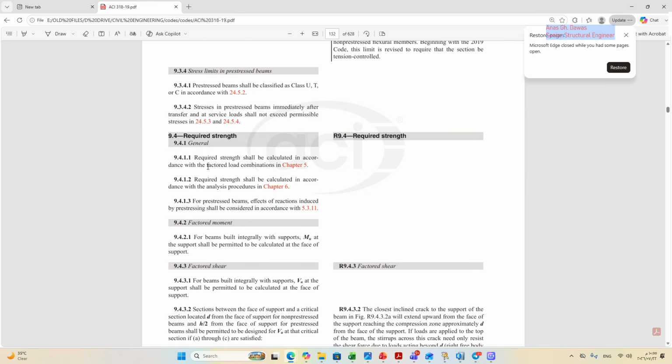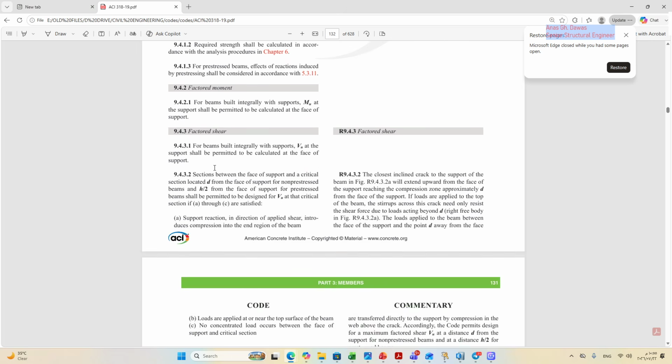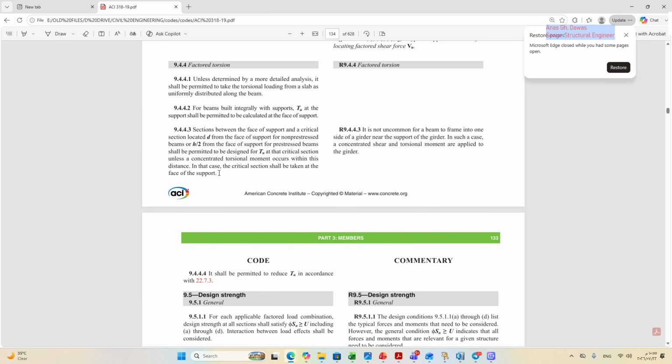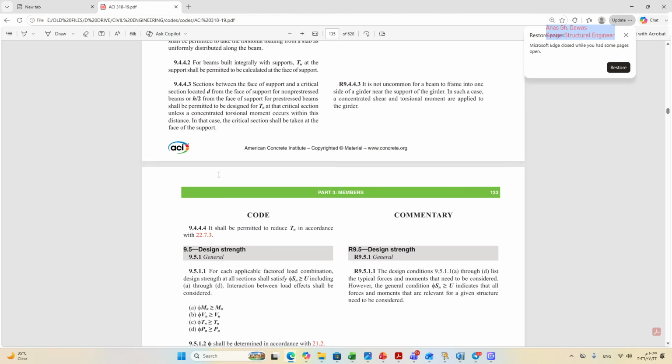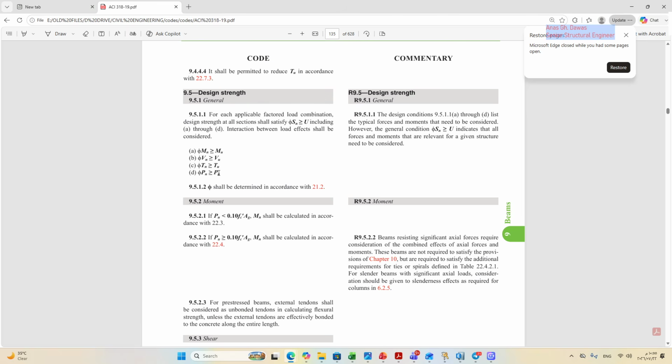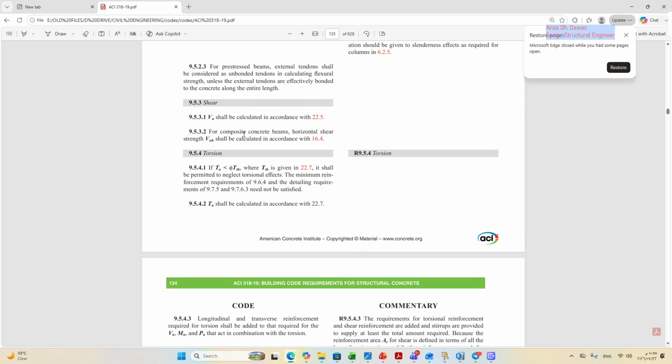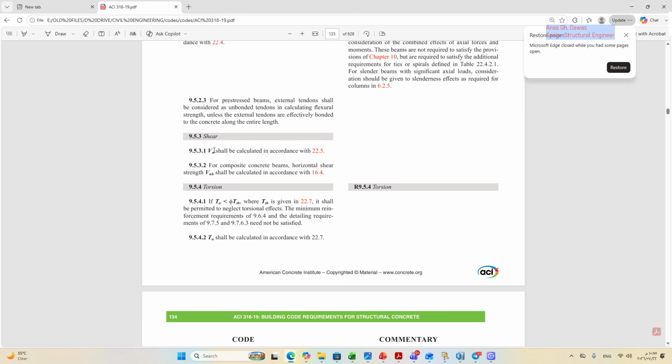If you would like to calculate the required strength, let's say, for example, the shear strength of the beam, the code will send you to Chapter 22, especially Section 22.5.